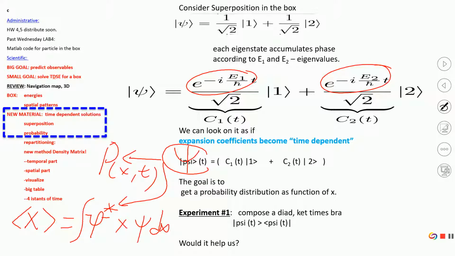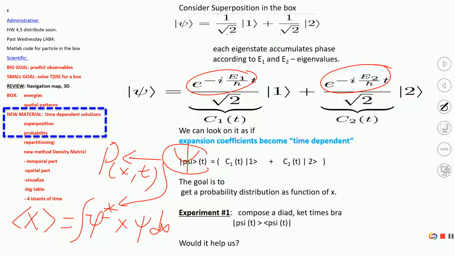No one forbids us, it's possible, because the absolute value squared of an imaginary exponential is 1. So if you multiply 1 over square root of 2 by this exponential and 1 over square root of 2 by another exponential, normalization will be fulfilled. Nothing wrong.